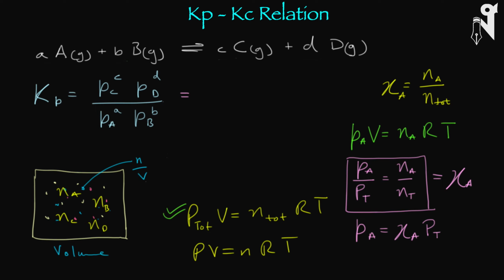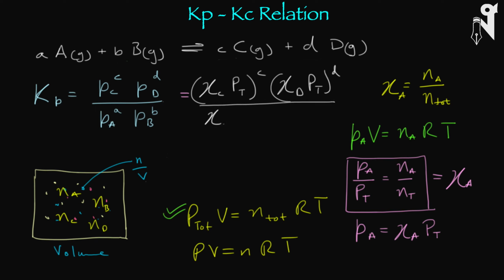We get mole fraction of C times total pressure instead of partial pressure of C, whole power c, and in the same sense mole fraction of D times total pressure whole power d, mole fraction of A times total pressure whole power a, mole fraction of B times total pressure whole power b.